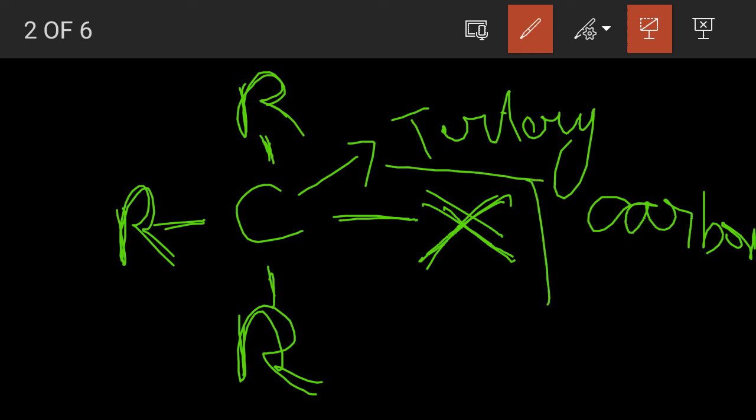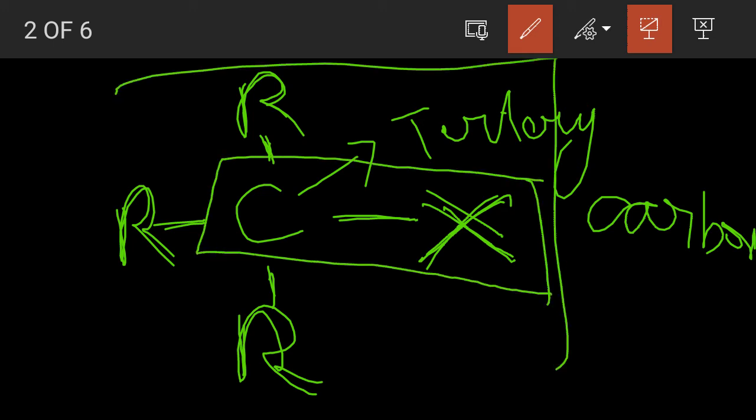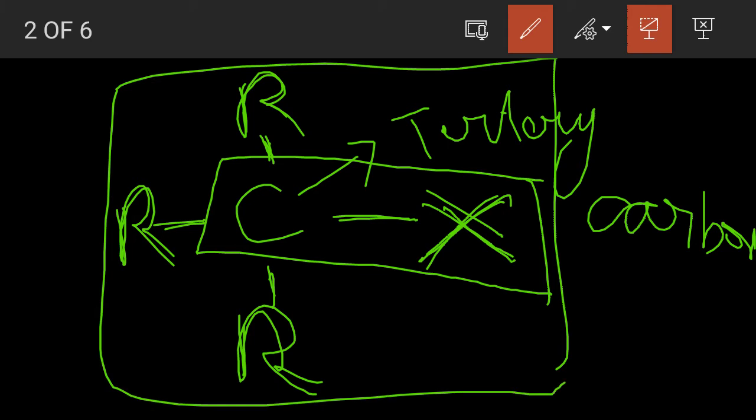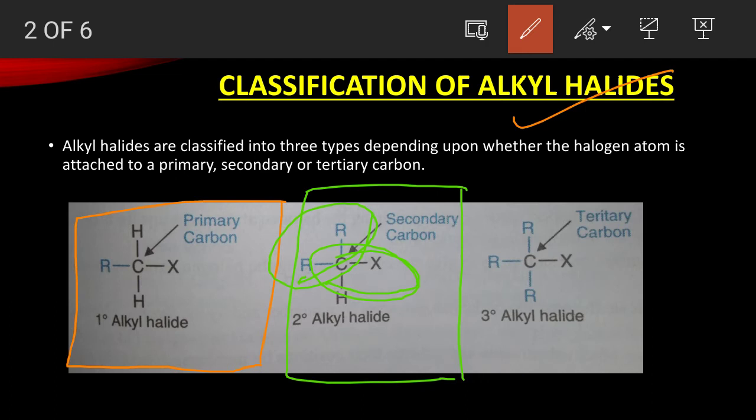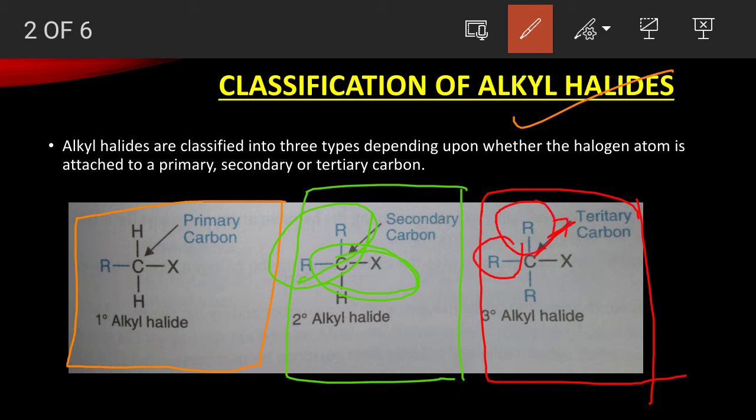Then this tertiary carbon is bonded with the halogen atom. That's why this alkyl halide is called a tertiary alkyl halide. This is a tertiary alkyl halide because this is the tertiary carbon. It means the carbon atom is bonded with three alkyl groups.